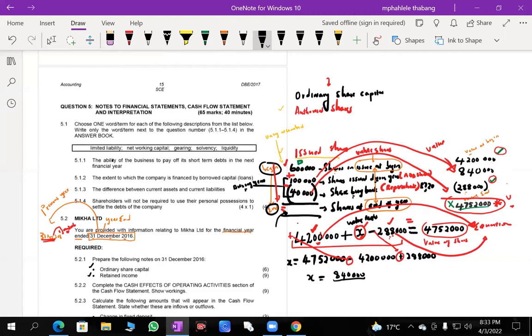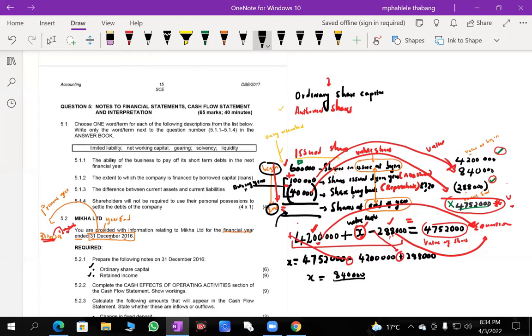We have 4,200,000, less 840,000, plus 288,000. We have 4,200,000 again, less 840,000, plus 288,000. That gives 4,752,000. Yes, the calculation here is correct.